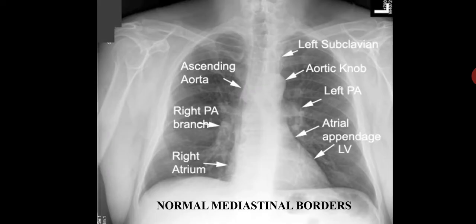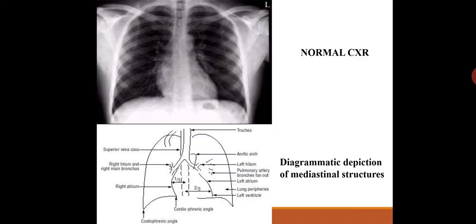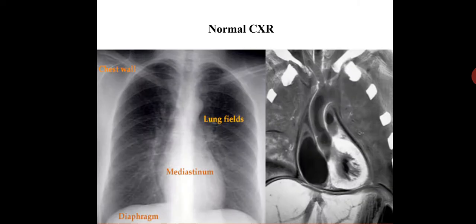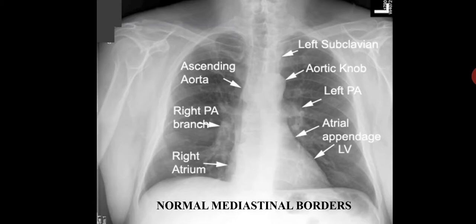In this image, you can see the various structures forming the normal mediastinal borders. As we all know, the right heart border is formed by the superior vena cava, right atrium, and inferior vena cava.